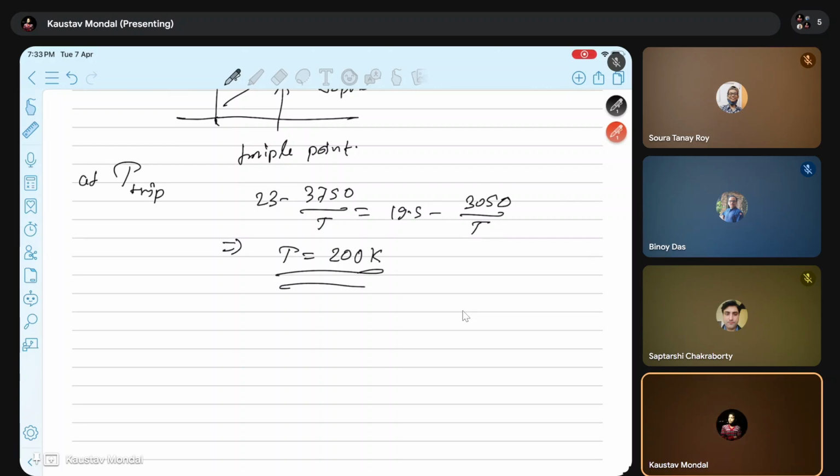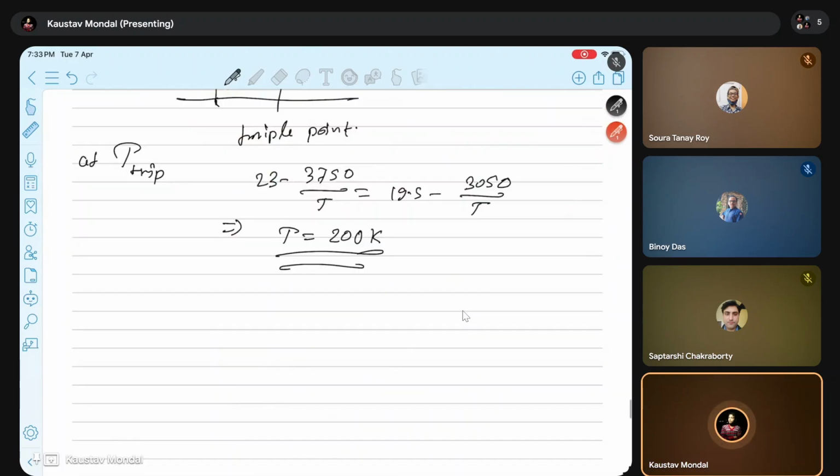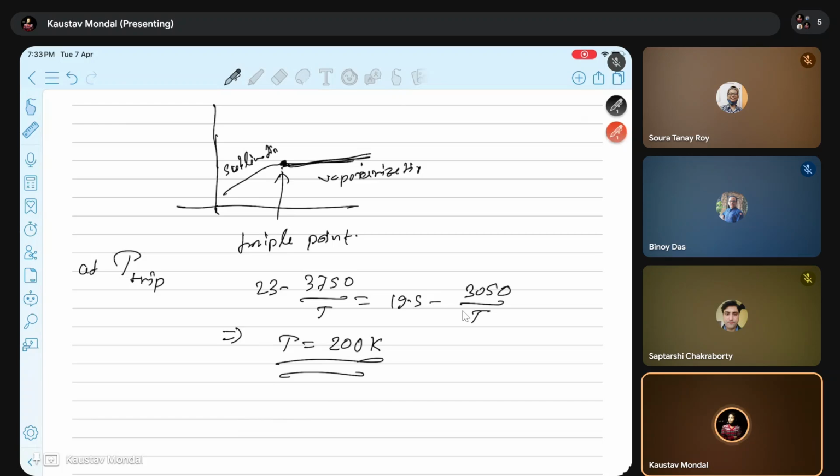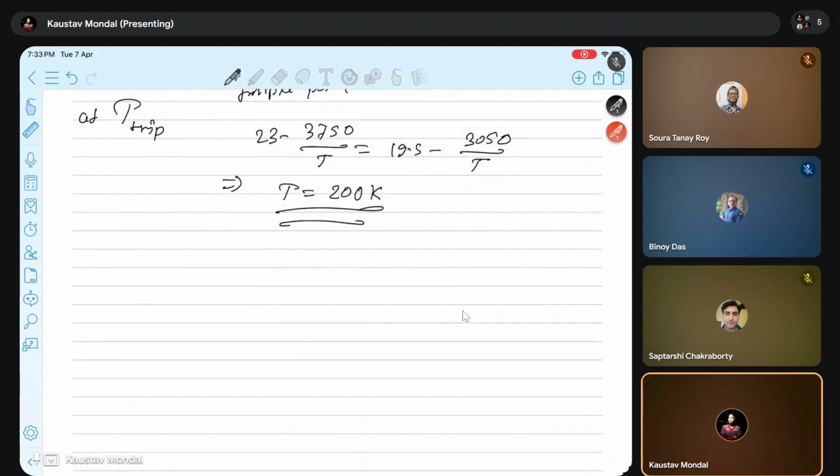Okay. The correct option would be option A. So basically at the triple point where both these two curves intersect, you just have to equate those two curves, and from there itself you can easily calculate the triple point. Okay.